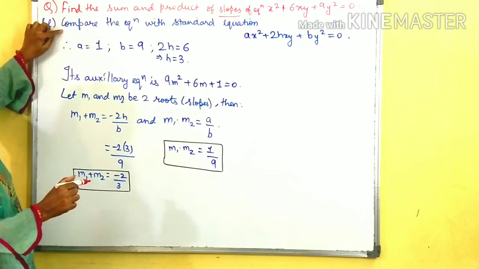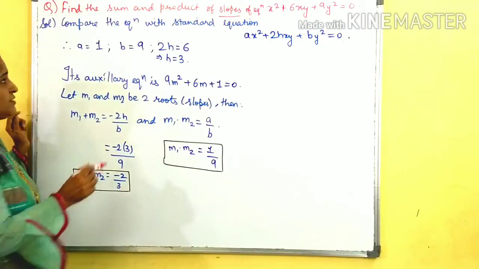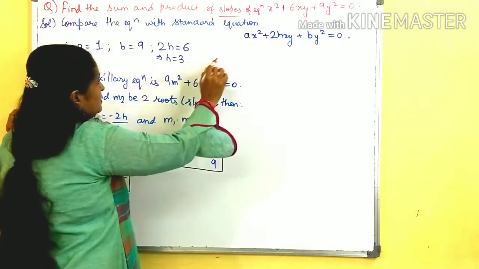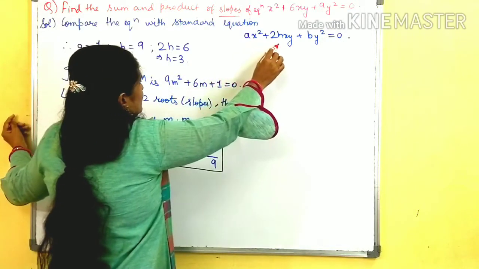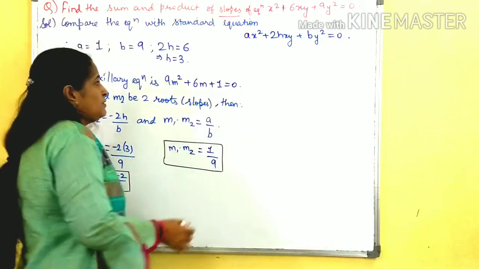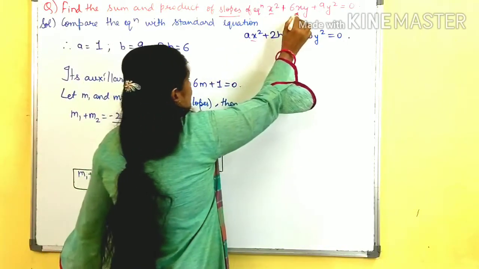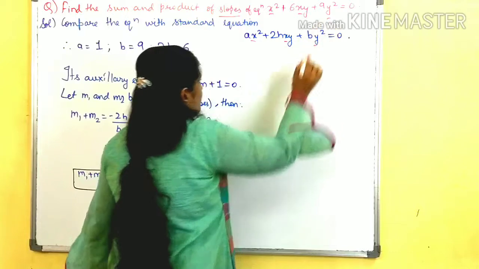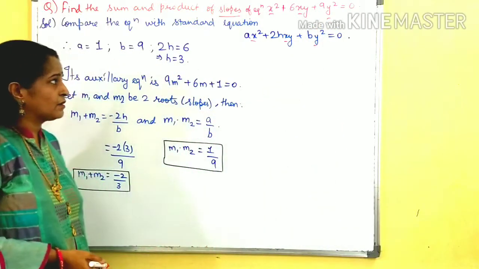Again, first compare the given equation with standard equation of line ax square plus twice hxy plus by square is equal to 0. Now you understand how to compare and get the value of a, h and b.